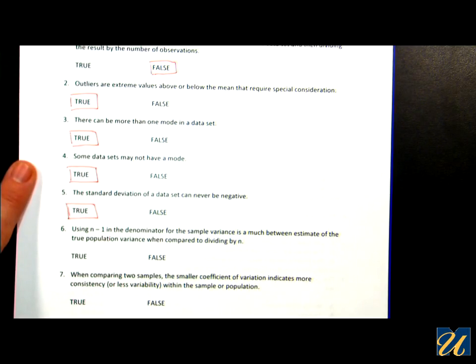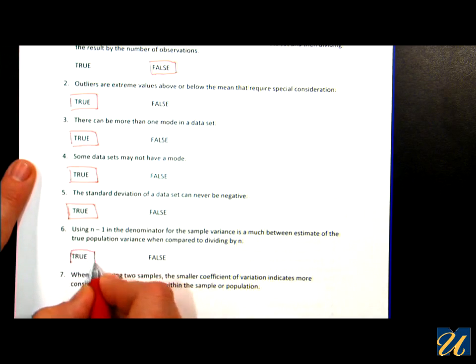Number 6, using n-1 in the denominator for the sample variance gives a better match to the estimate of the true population variance when compared to dividing by n. This is true.